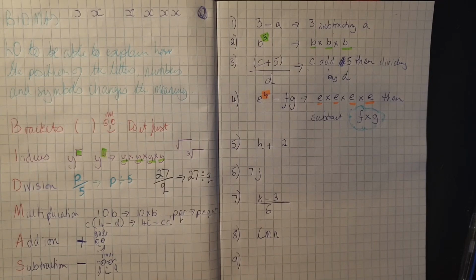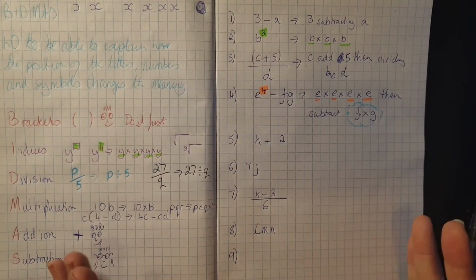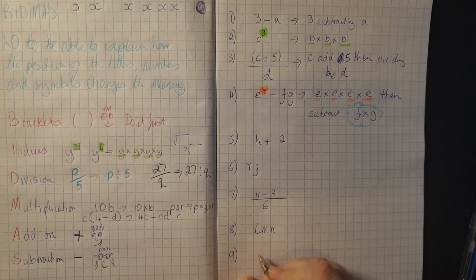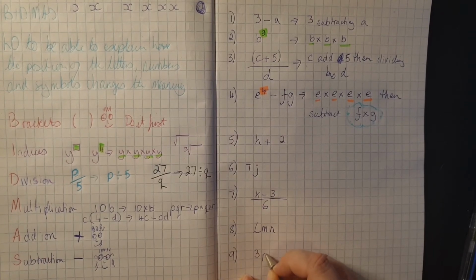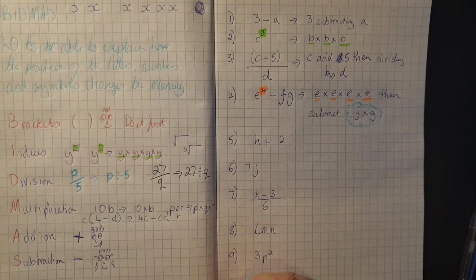So, as I was saying, number 9, LMN, again, I'm going to miss O out because O could get mixed up with the number 0. LMNOP, so I'm going to have 3P and then a little 2 in the top right hand corner.